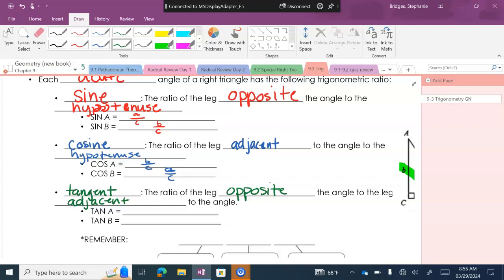So the tangent of A is going to be the sides A over B. Opposite over adjacent. And then we're going to do the tangent of B. What's the side directly across from B? B. And what's the leg adjacent to it? A. So the tangent is going to be B over A.